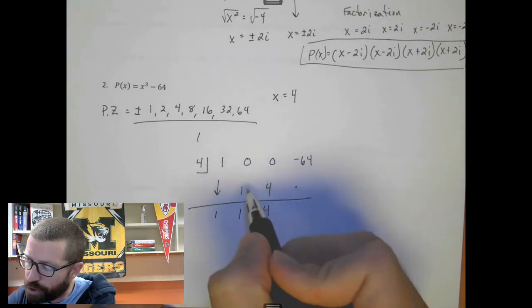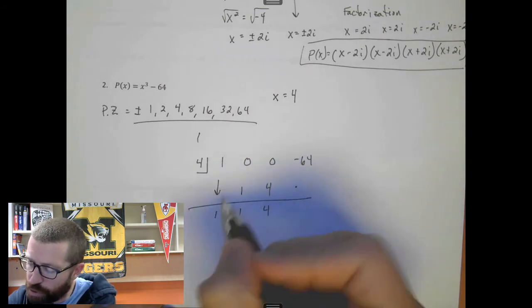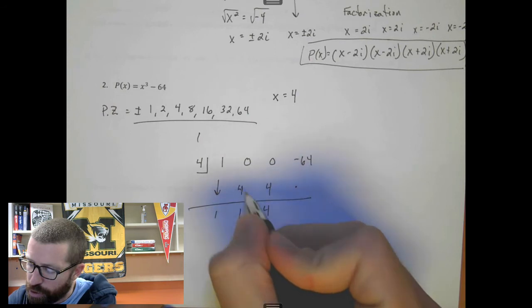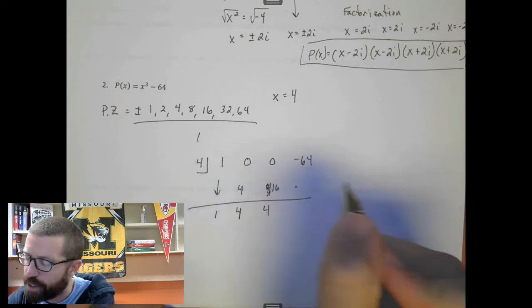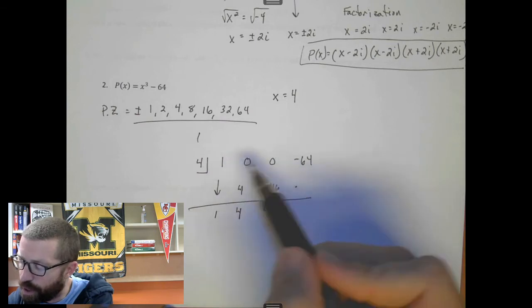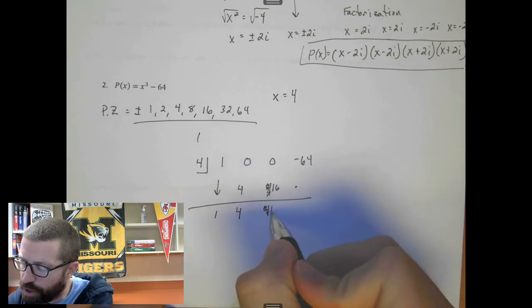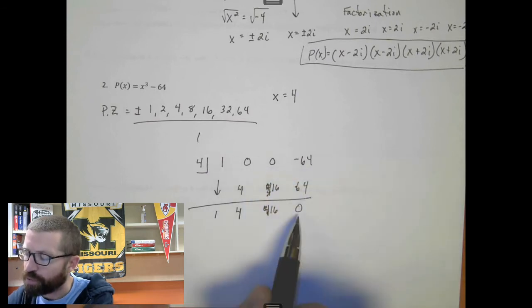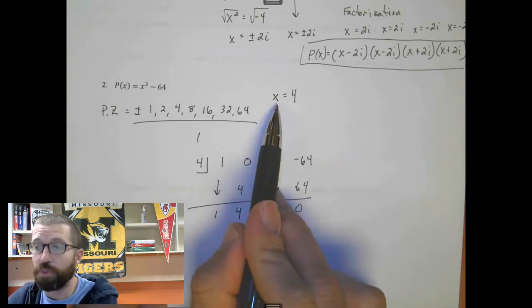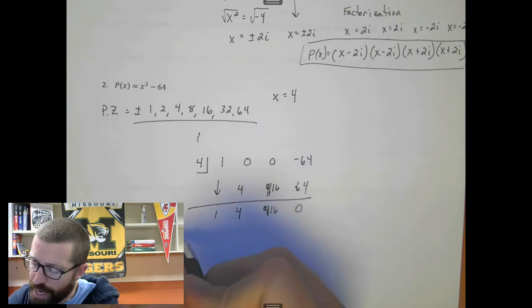So let's go back. This is 4 times 1 is 4. So then that should be 4, and that makes this 16. And then that makes this 16, which makes this 64, which makes this 0. So if this is 0, that means this was a 0. So now I have a factor. I have x minus 4.